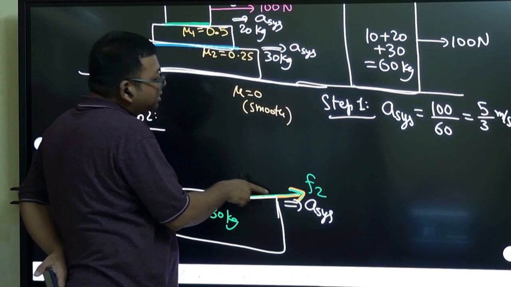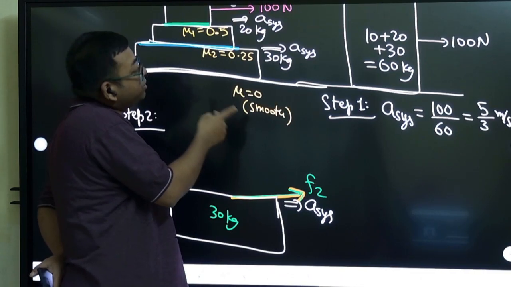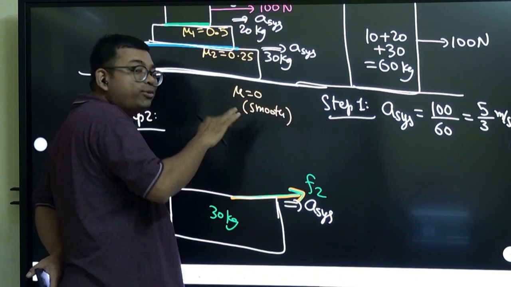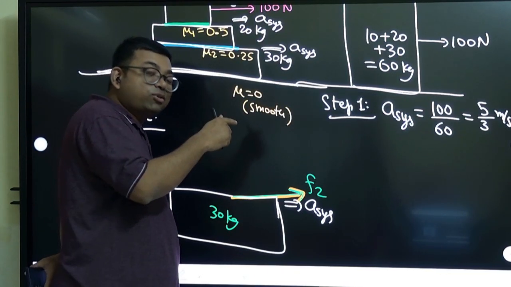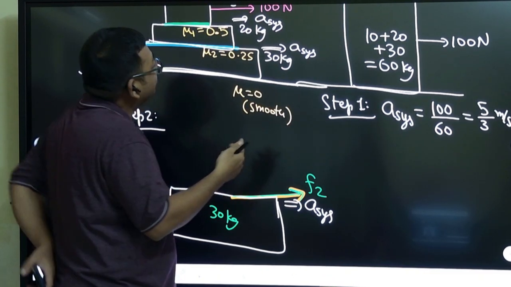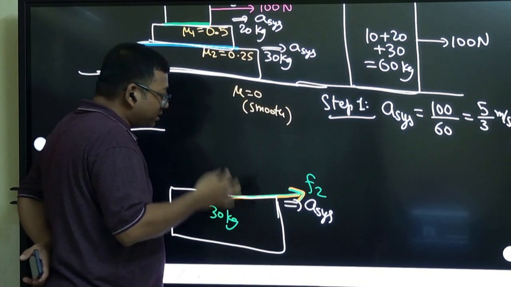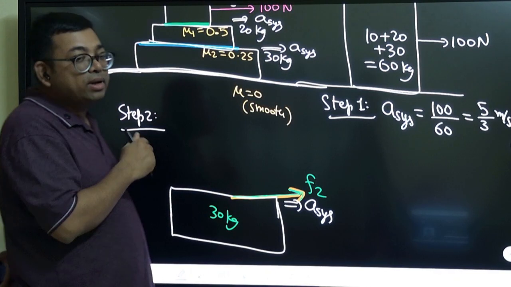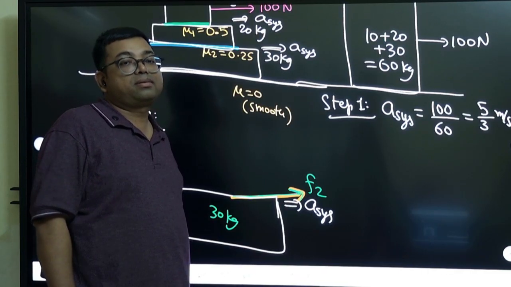And now this friction is given by the upper block, right? So with respect to the upper block, you do not know which side it is moving, because the upper block is also moving and this is also moving, right? Look from the ground: in which direction does it have acceleration?